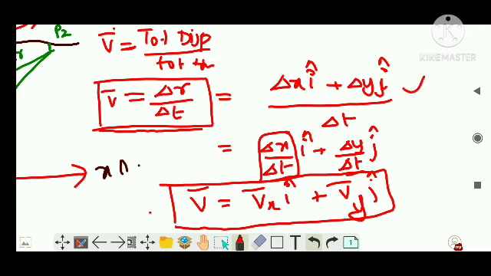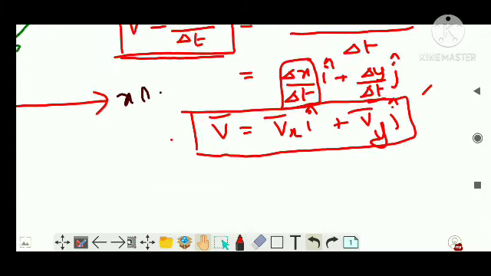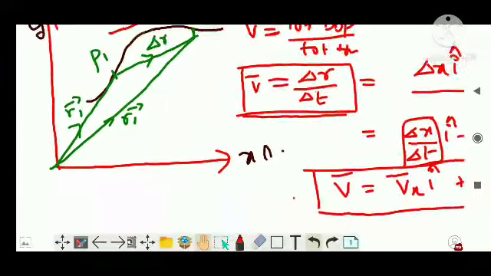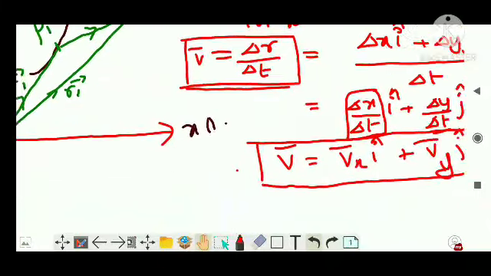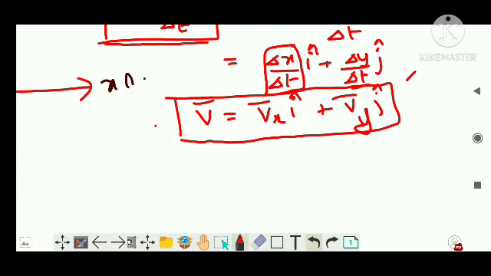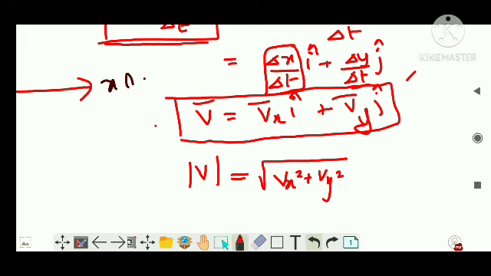You need not go for this much, you can write it in this form, but I'm just explaining how it came, and you cannot understand this graphical representation from the textbook. Now how would I write the magnitude of this velocity? Average velocity is root of Vx squared plus Vy squared. You have learned it; for any vector you can write it like this.